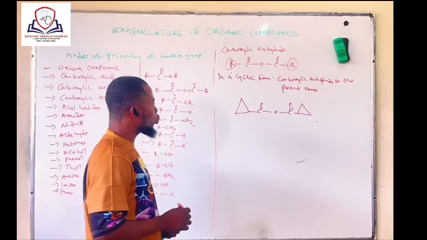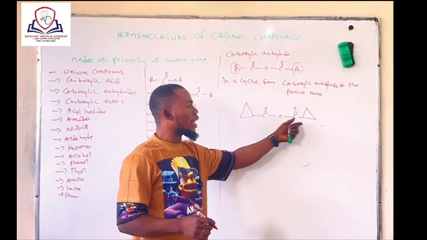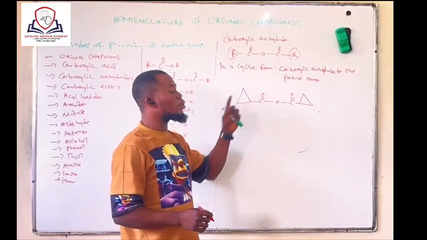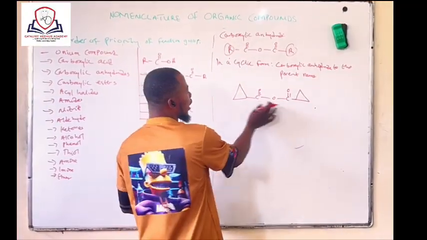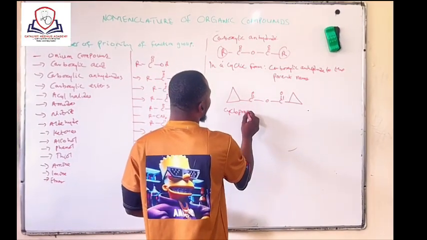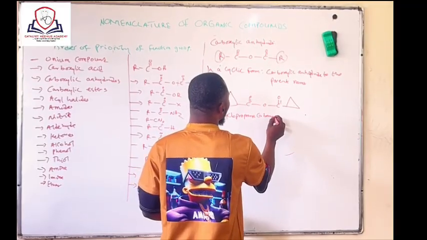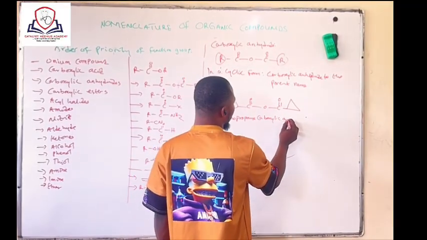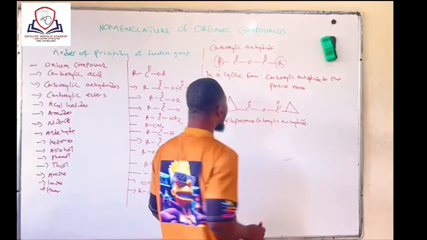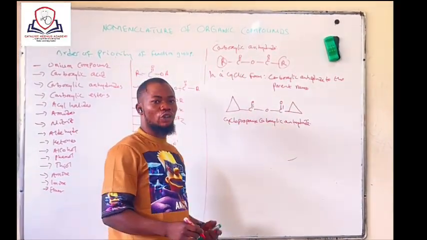Now, if you take a look at this one, we have propane here and propane here. That means these ones are symmetric. But it is not just propane, since we have a carboxylic functional group there. Since they are symmetric, you can just have cyclopropane carboxylic anhydride.